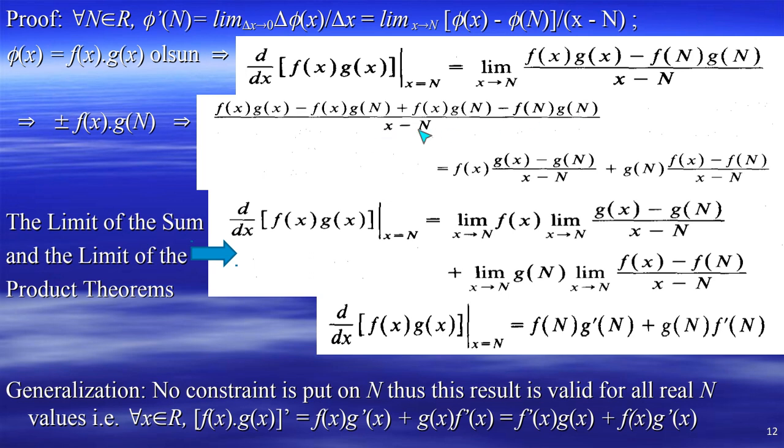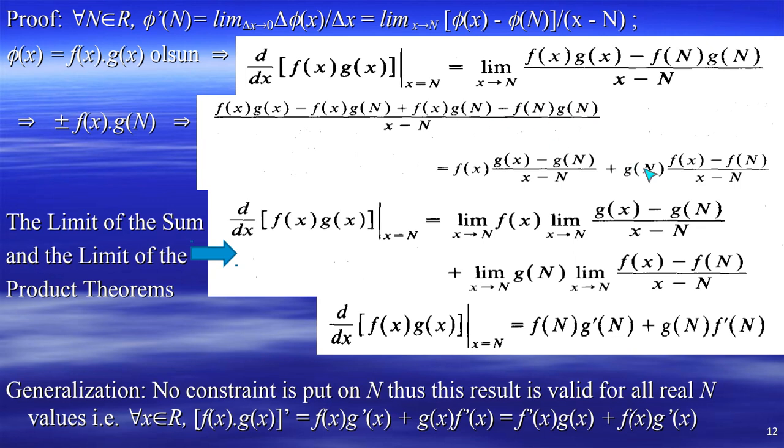Great. Very good. So here from the first two terms, I can factorize, and I can take f of x as a factor. So I obtain f of x times g of x minus g of n over x minus n plus, also distributing the denominator in two parts, here I have g of n, which is common in the two final terms.